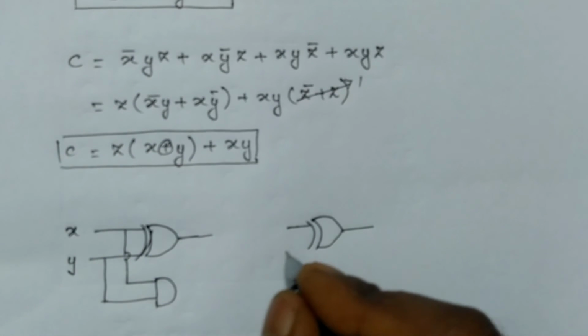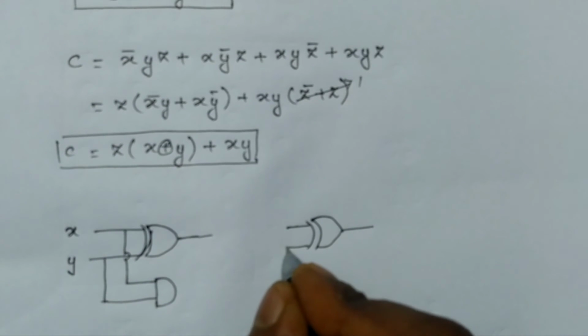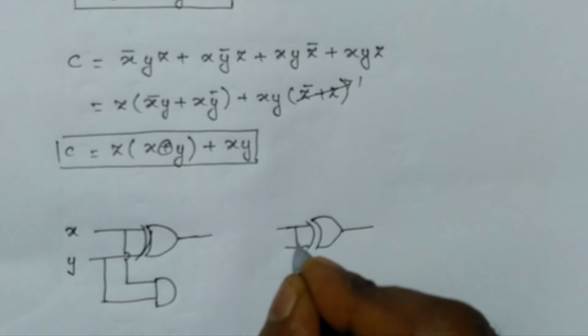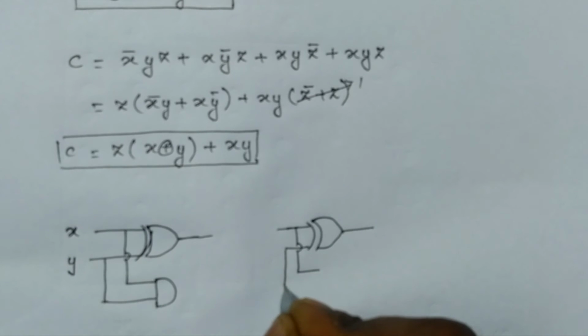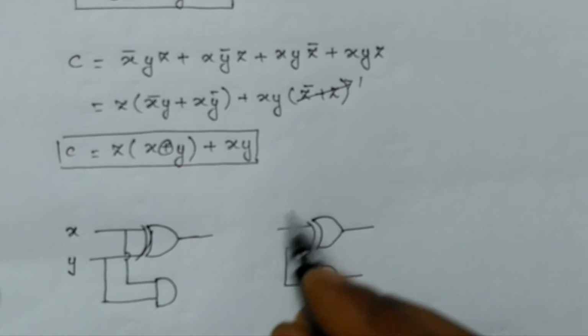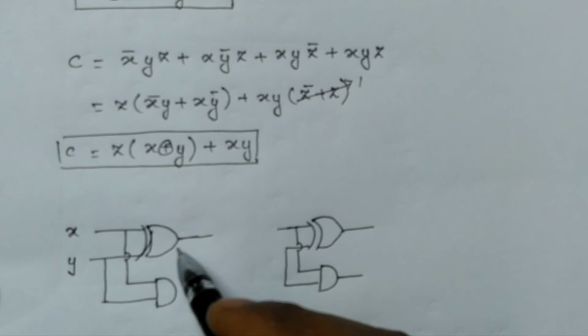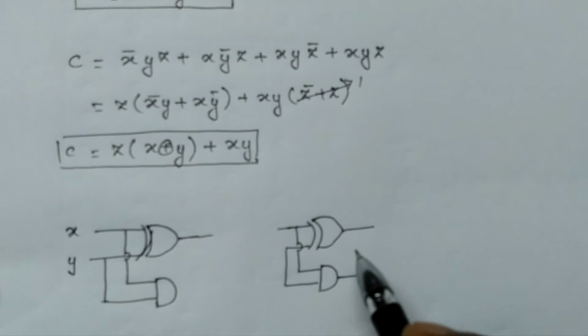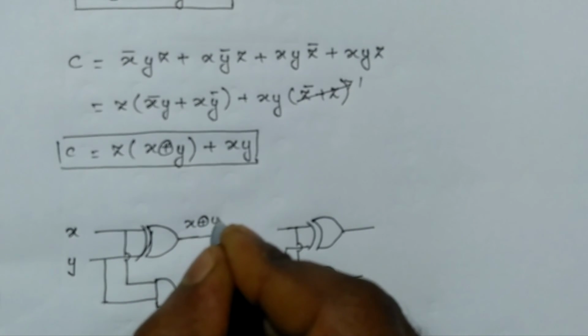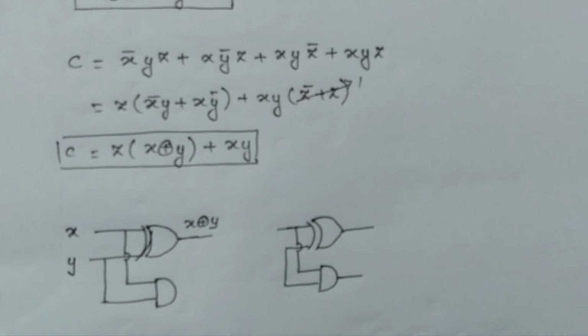Okay, so from the previous one we have identified that between the two inputs, if we perform an XOR and AND operation, we will get a half adder. This one is similar to a half adder, this one also similar to a half adder. So here the output is X XOR Y. Here its value is X Y.